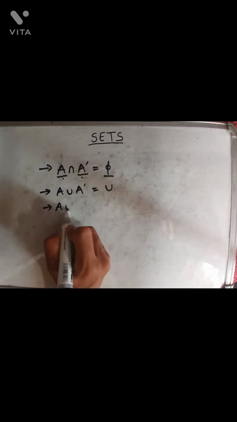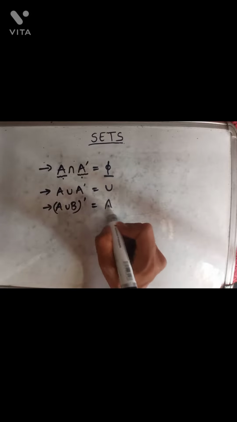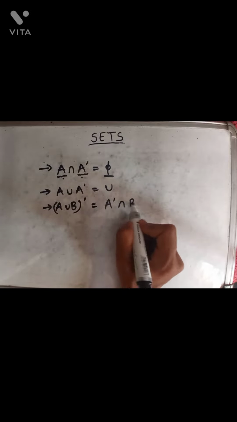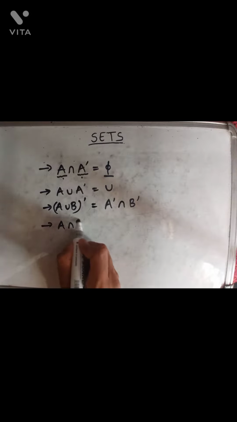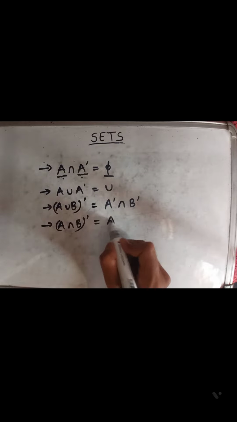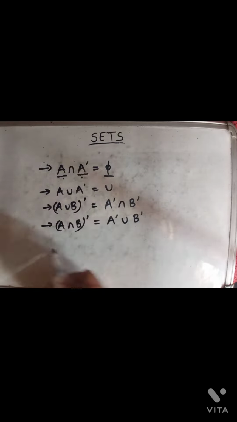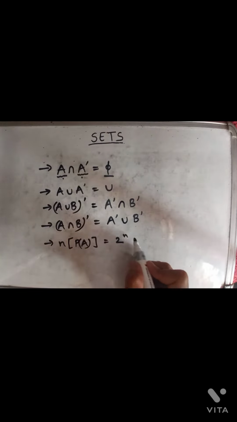Next, the whole of A union B dash means A dash intersection B dash. Its opposite is that the whole of A intersection B dash is equal to A dash union B dash. Then the number of elements in the power set of A is 2 to the power n, where n is the number of elements in A.